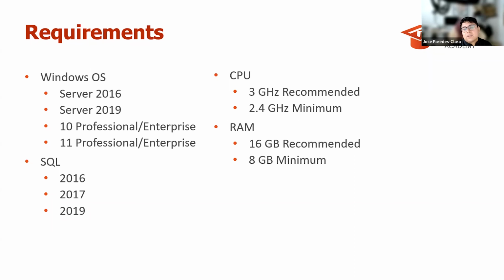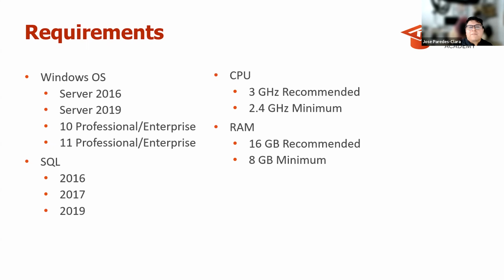And then CPU and RAM, again, if you're running on your machine and you're using it for modeling, typically you'll meet these requirements, but recommended is 3 gigahertz as far as the CPU speed, and RAM is 16 gigabytes recommended. These are starting out numbers. Again, Autodesk is assuming you're just starting out with Vault Basic and you have nothing in place right now.